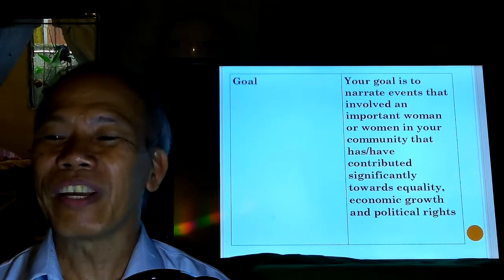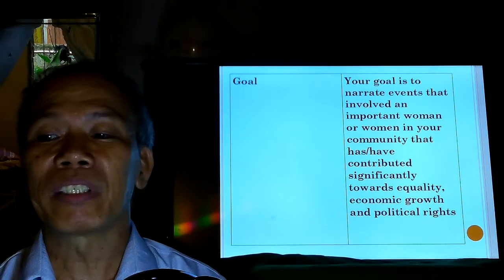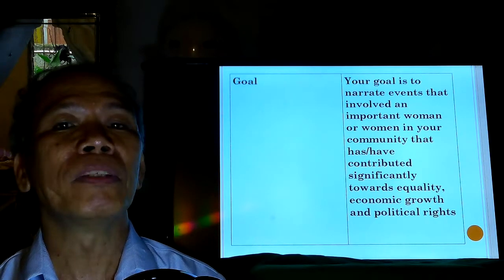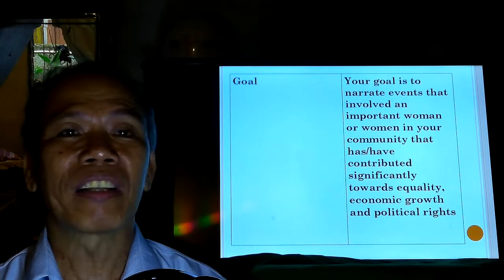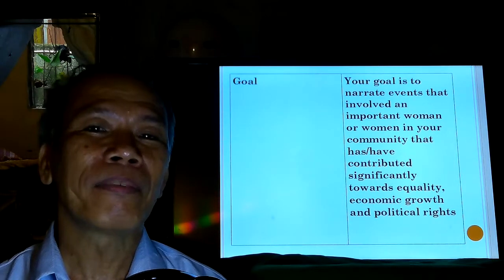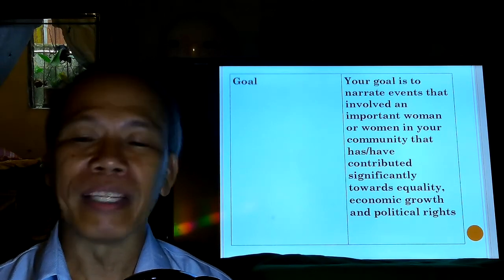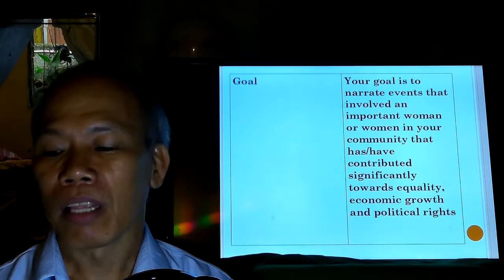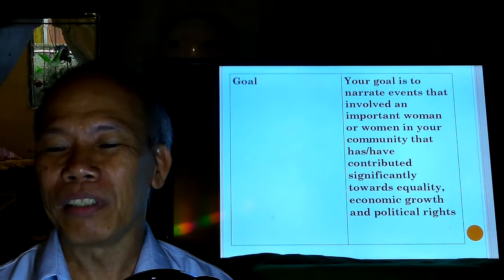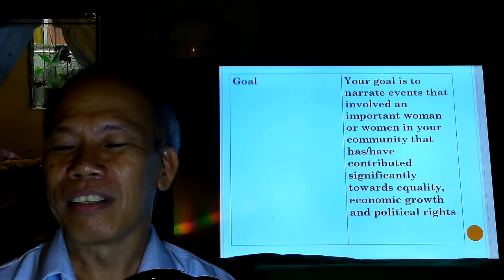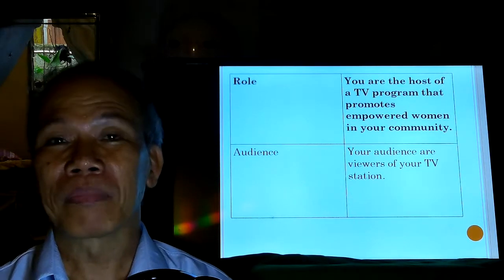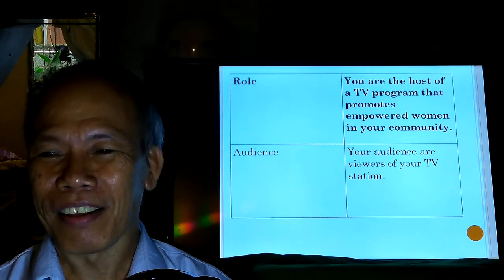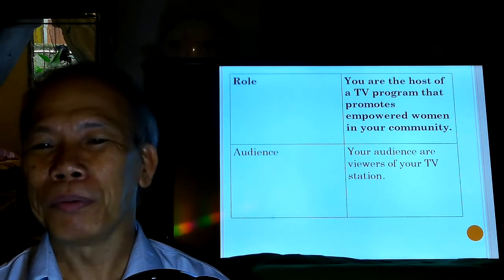Your goal is to narrate events that involve an important woman or women in your community that has or have contributed significantly towards equality, economic growth, and political rights. Okay, you are a politician, you are a Democrat, or whoever you are, a lawyer, or who.